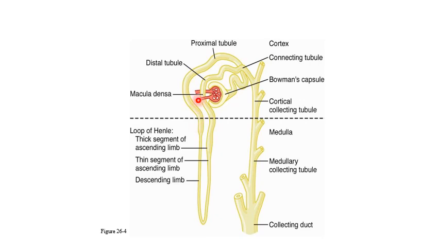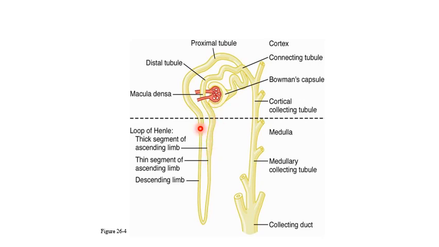If we look at the loop of Henle, which is an important part of the nephron, there are different segments. We have the thin descending limb of Henle, then we have the thin ascending limb of Henle. Okay, so descending means going down, ascending means going up, and then the thick ascending limb of Henle.